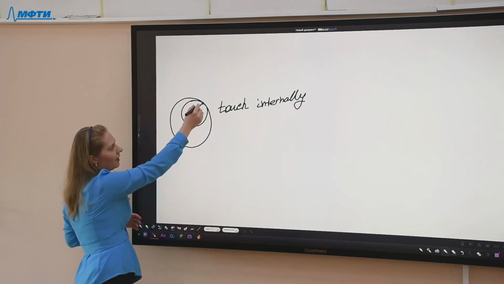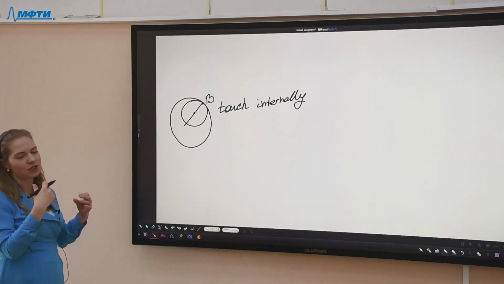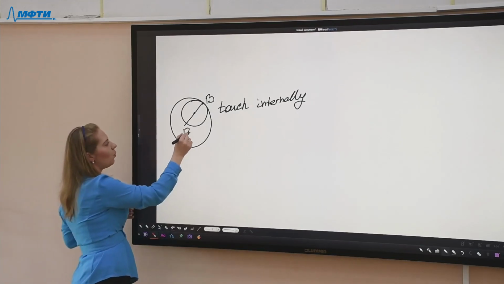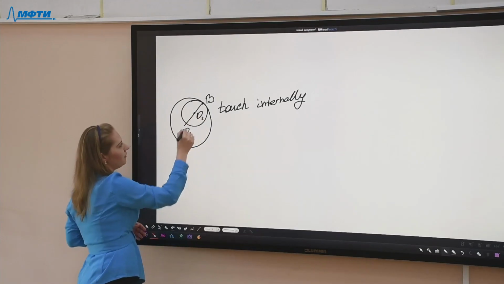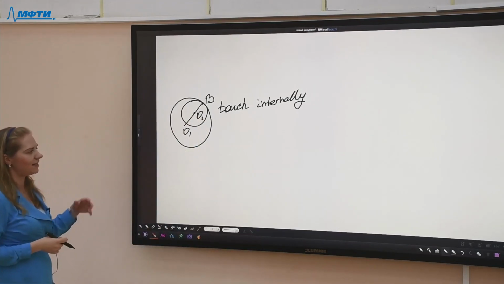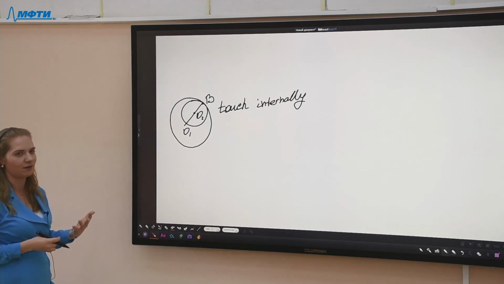So we can say that this point, B, for example, is the point at which they touch each other. This is O1, the center of the large circle, and this is O2, the center of the small circle. We can say that these 3 points, O1, O2, and B, lie on the same line.